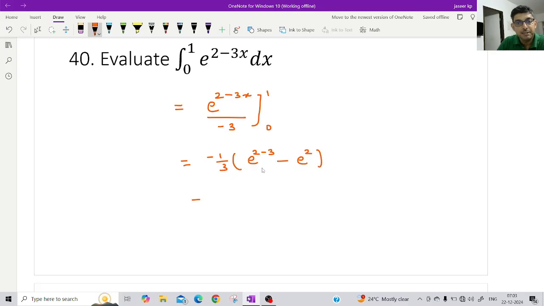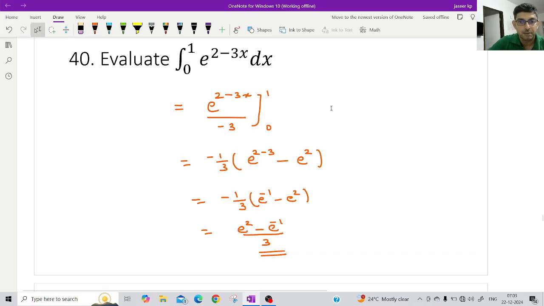So it will come as minus 1 by 3 times e to the power minus 1 minus e square. So that means it is e square minus e power minus 1, divided by 3. So this will be the answer to this particular problem.